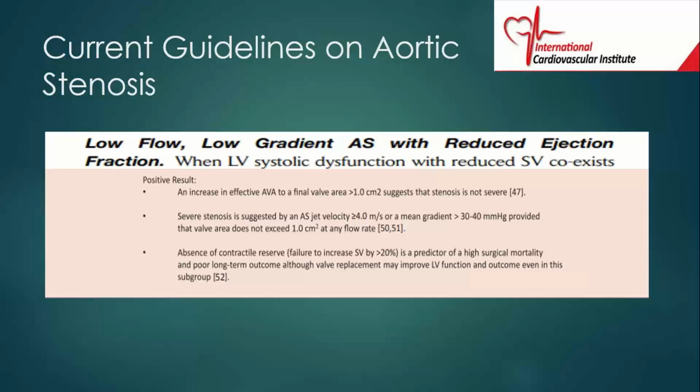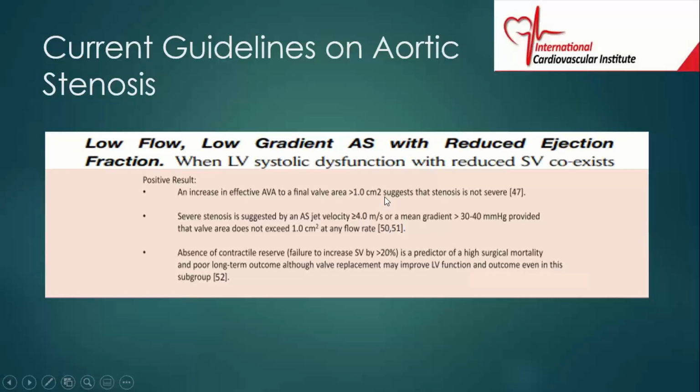Those situations where, because the heart muscle is weak, it couldn't open the valve. But when you increase the contractility, it opens the valve. And those patients don't have severe AS. So a positive result is if, when you give your dobutamine and you do your continuity equation calculation of aortic valve area, it's now greater than 1 centimeter squared, then it's not severe.